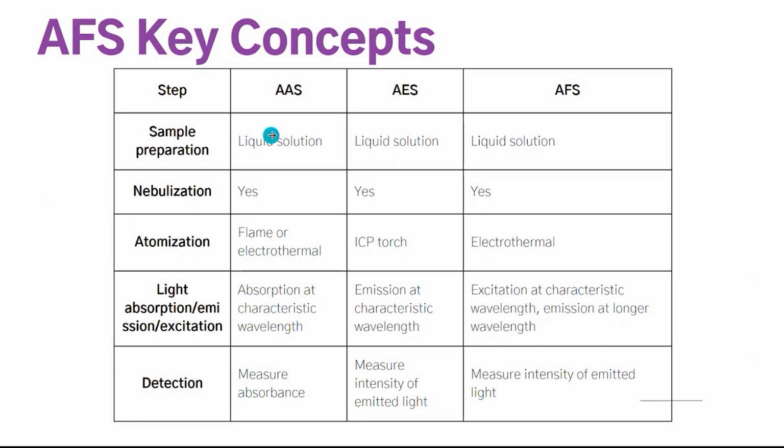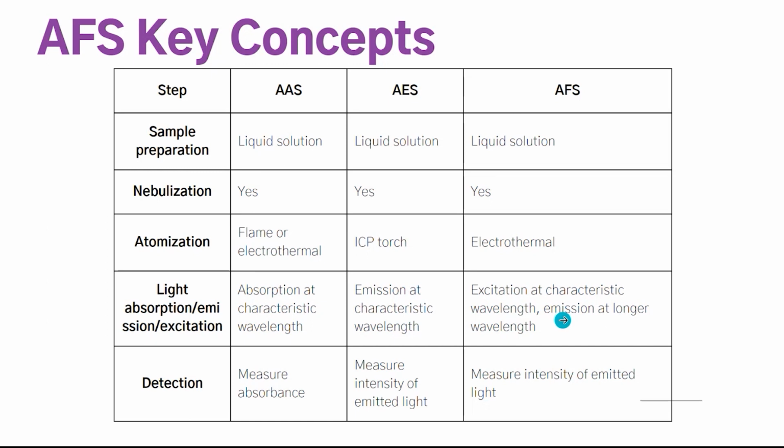So here's a table comparing all three atomic spectroscopy methods. Basically, the sample preparation and nebulization steps are the same. The atomization of AAS and AFS share the electrothermal method of atomization. In AAS, the light is absorbed at a characteristic wavelength, while AES is emitted at a characteristic wavelength.